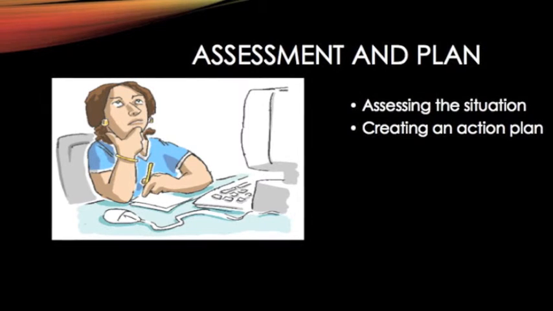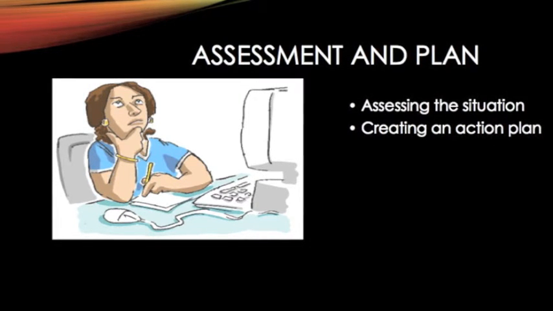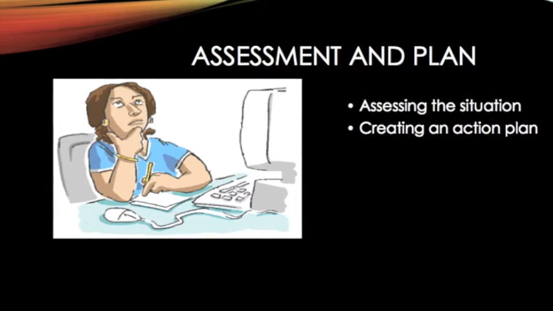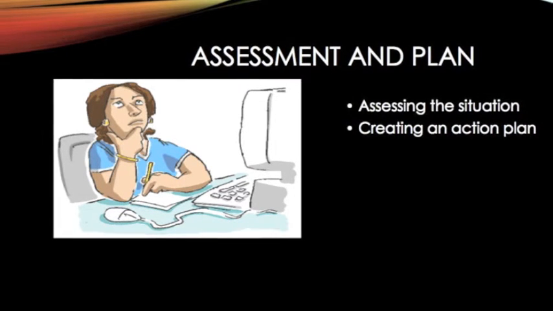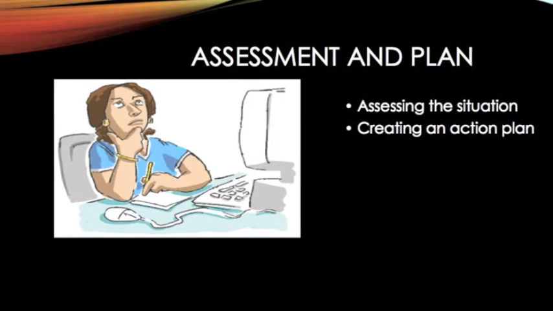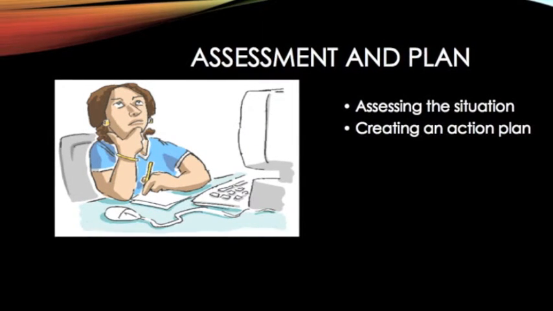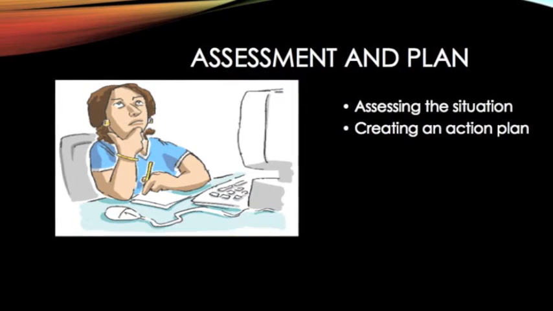Now, the last two letters I will go over together. After we have gathered all of our information about the client and what the presenting needs are, we can create our own assessment of the situation and devise our plan. This can be our action plan, our next step we will take in assisting the client with the problem.